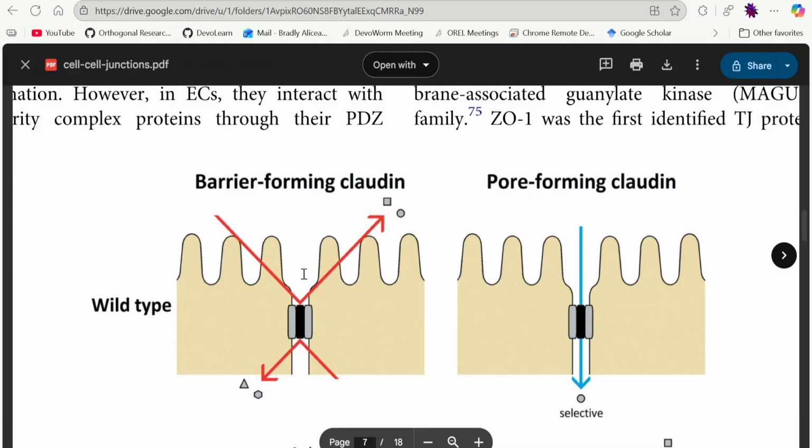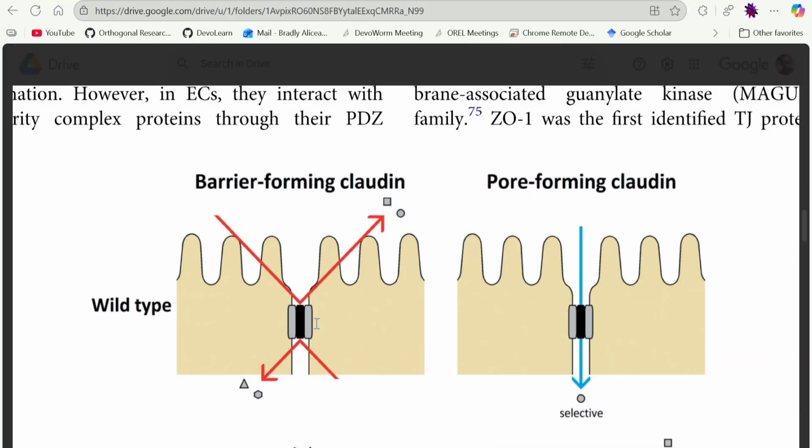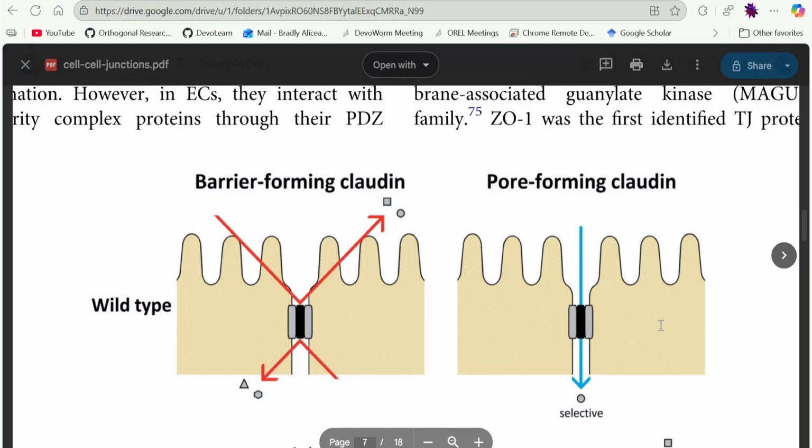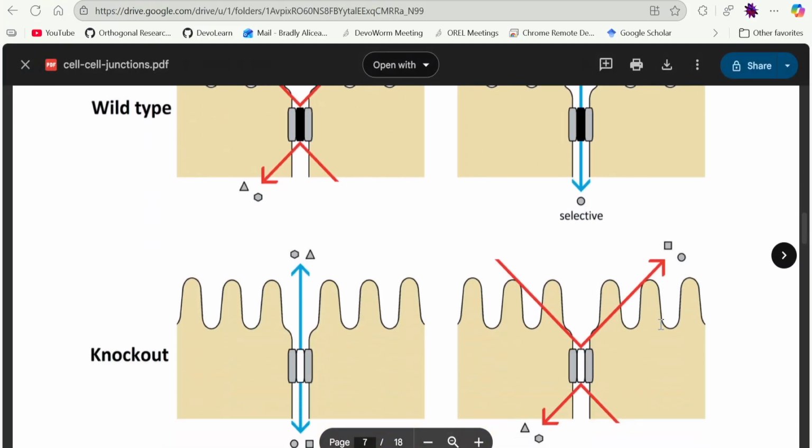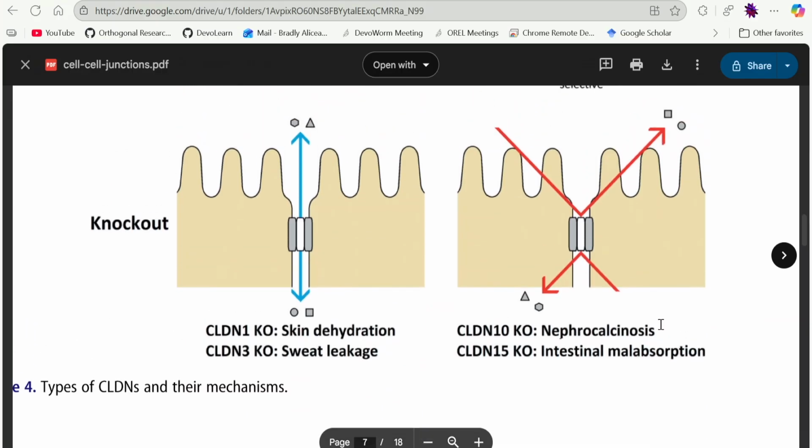Now, pore forming claudin. Barrier forming is keeping things in and keeping things out of this matrix. So you have two cells, there's a barrier, and that barrier is acting as a seal or a protective layer. Then the pore forming is where you have a pore, and this is where you have selectivity going into that matrix between the cells. So instead of a barrier, you have a selective pore. And then, of course, if you have your knockouts, this ceases to become selective.